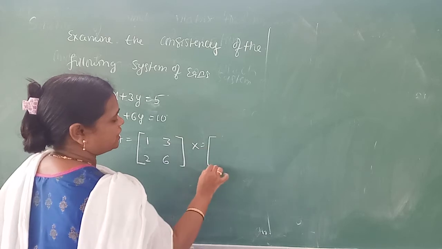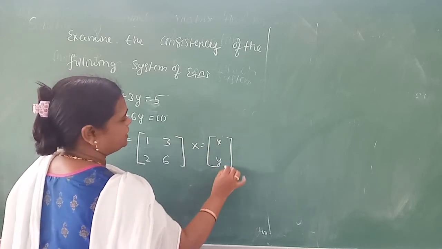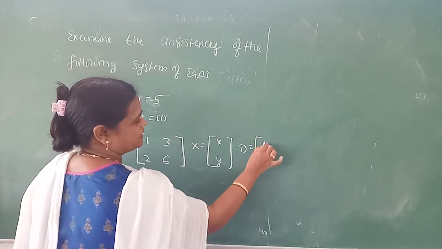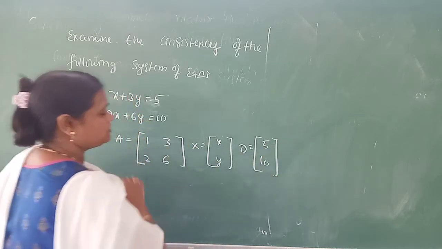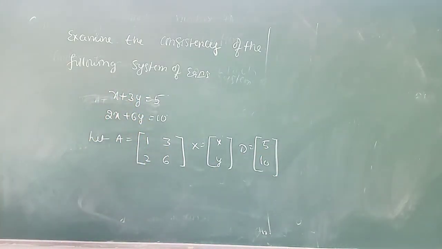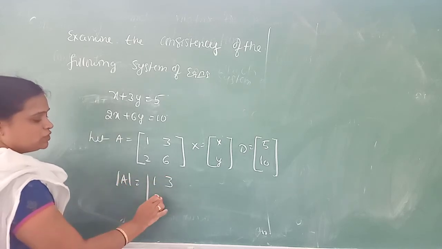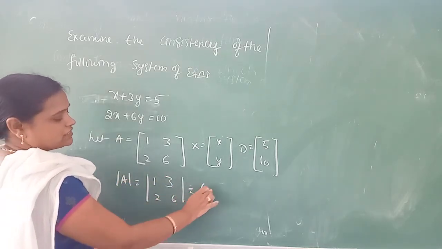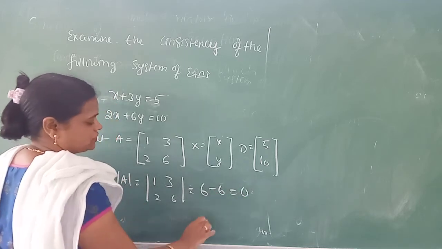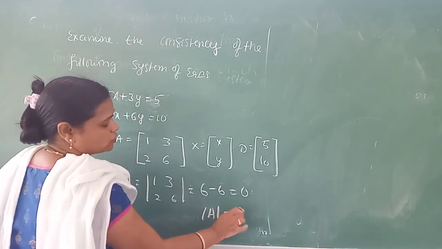We know X and D, as you know from the matrix method how to calculate. Next, calculate determinant A, that is 1, 3, 2, 6, cross multiply: 6 minus 6 equal to 0. Determinant A equal to 0.